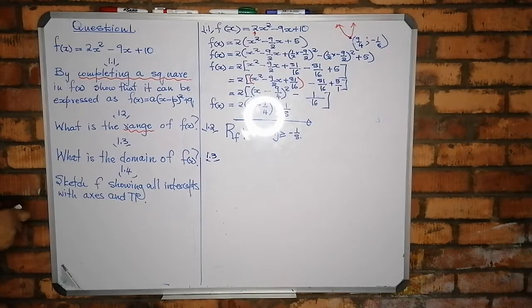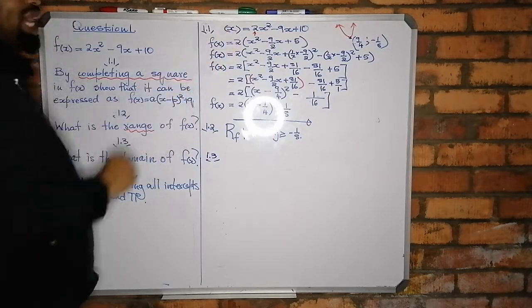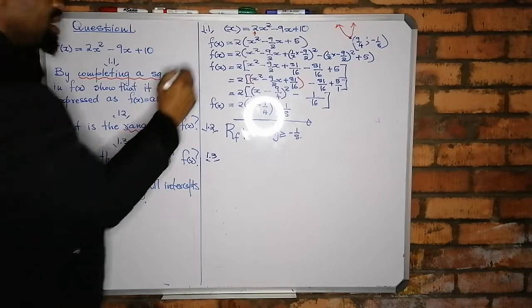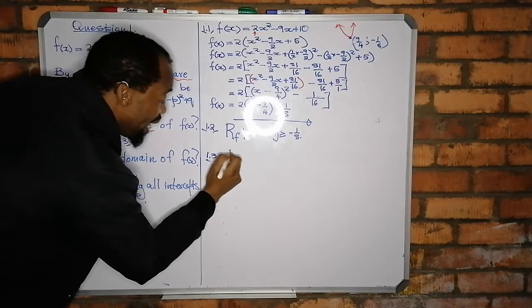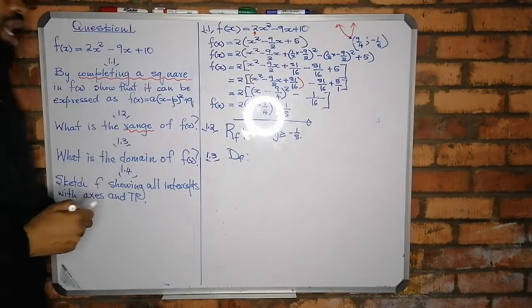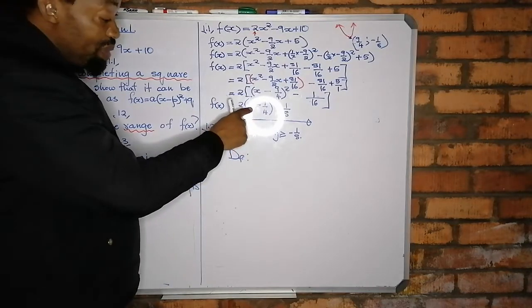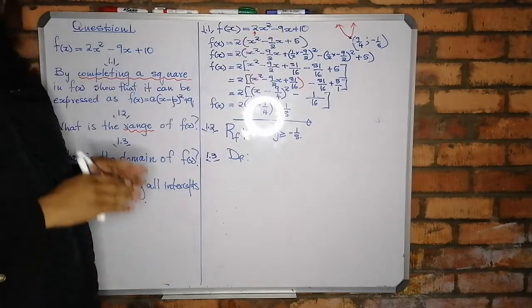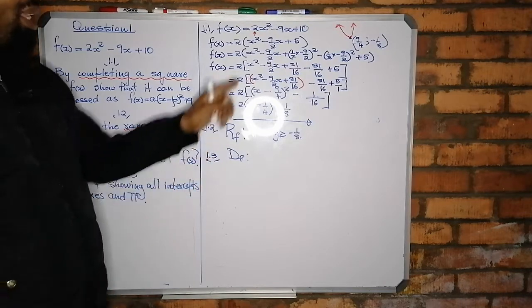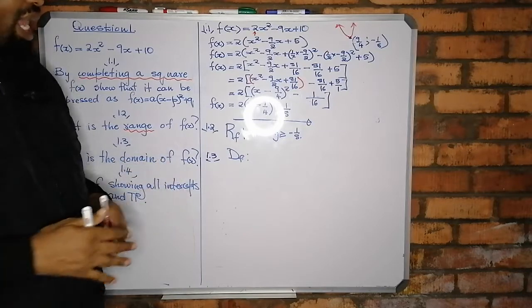Number 1.3. 1.3 says, what is the domain of this particular function? Now, let me explain the domain. The domain of this function are all the values of x that can be substituted there or there without giving us any problems. Problems, I mean making this undefined or any other thing which is not mathematically acceptable.